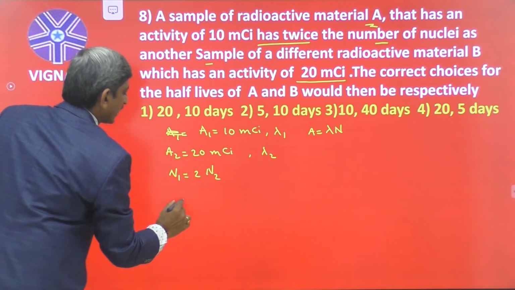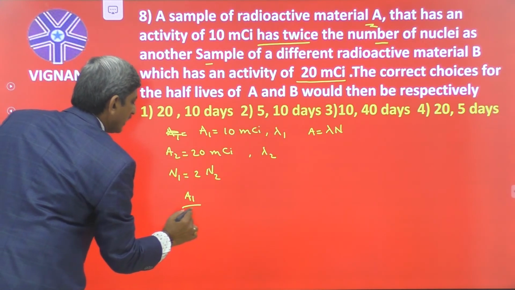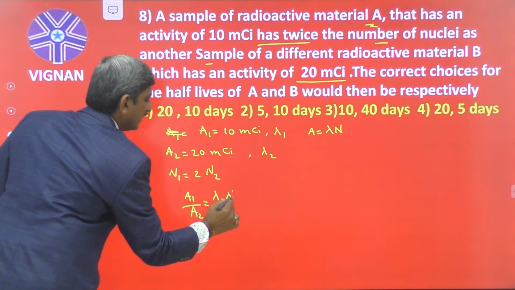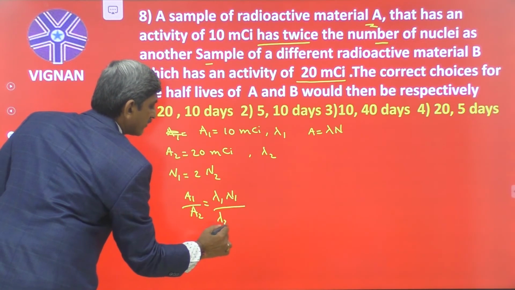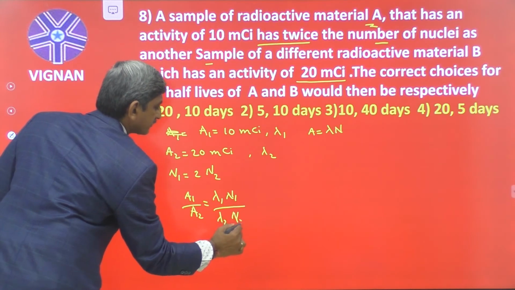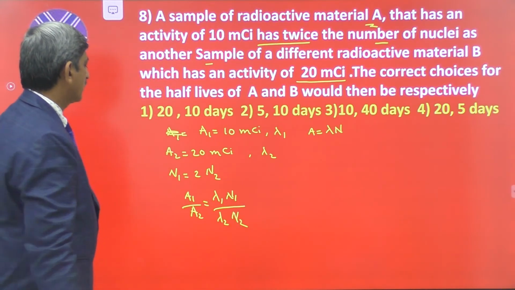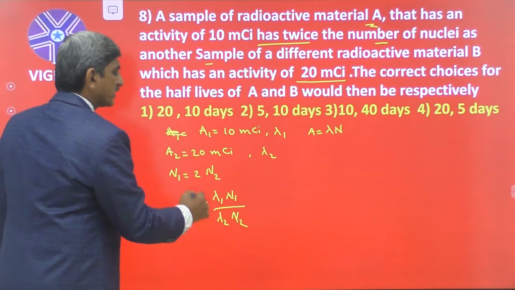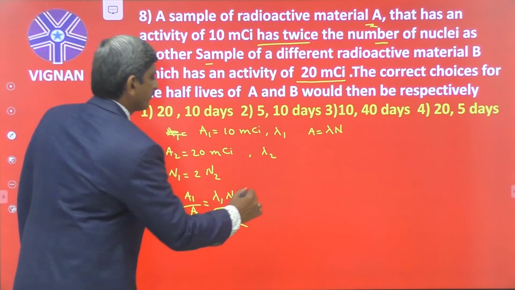Using this equation we can write A1 by A2 is equal to lambda 1 N1 divided by lambda 2 N2. Here A1, A2 are given, N1, N2 are given, from that calculate the lambda 1 by lambda 2 value.